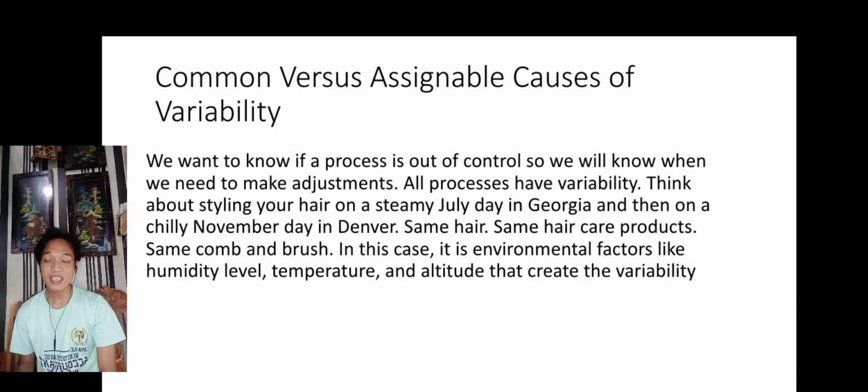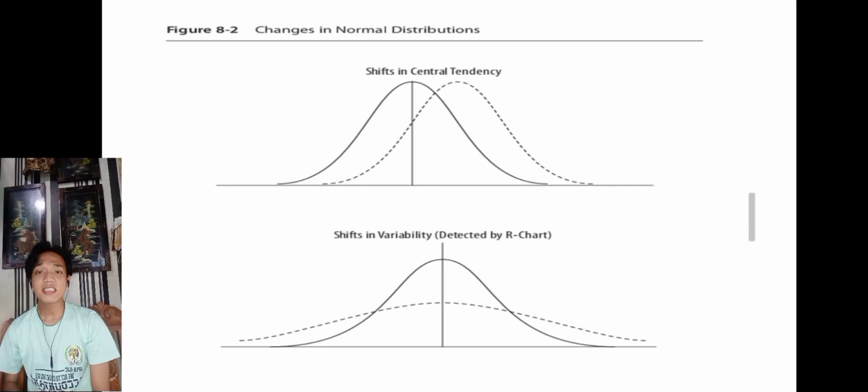In other cases, the action might simply be to take more measurements and then decide what to do. So this is the illustration of the changes in normal distribution in Figure 8-2: the shift in central tendency, then shifts in variability detected by our chart.